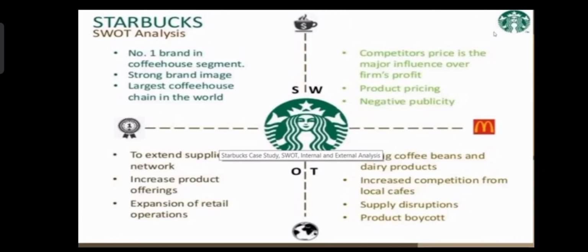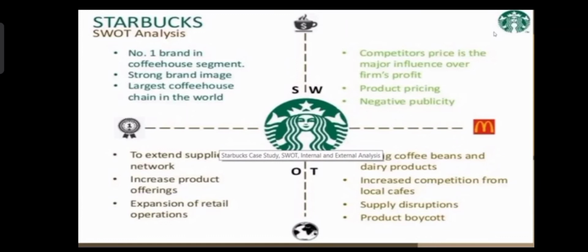So what will be the opportunities of Starbucks? Starbucks can extend supplies to its network, increase product offerings, and expand retail operations. Because Starbucks is a number one brand, they extend or expand their supplies to other networks, their supplies of raw materials like coffee beans.